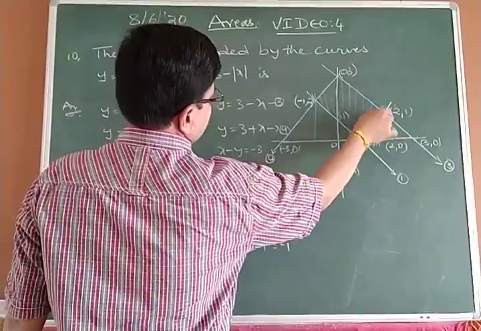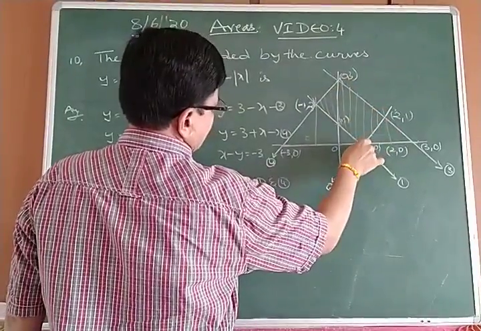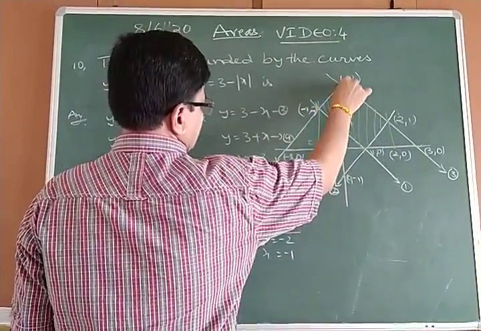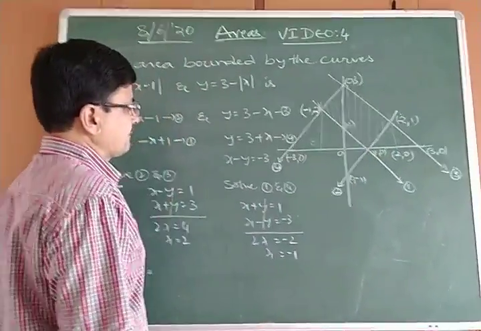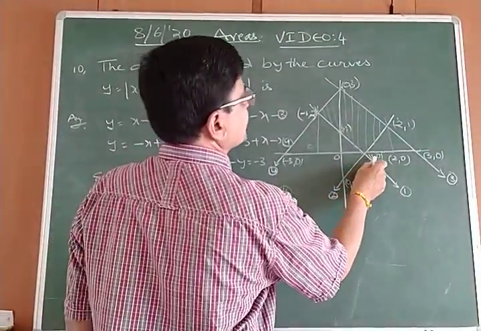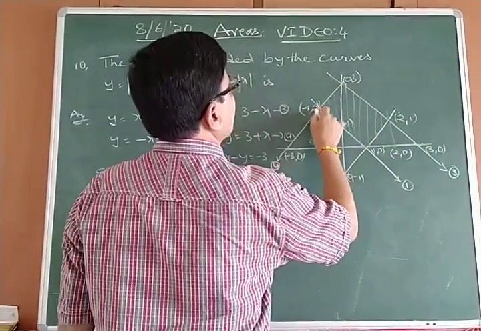We know the vertices of the required area. It is a rectangle. So the vertices of the rectangle are 1 comma 0, 2 comma 1, 0 comma 3, and minus 1 comma 2.